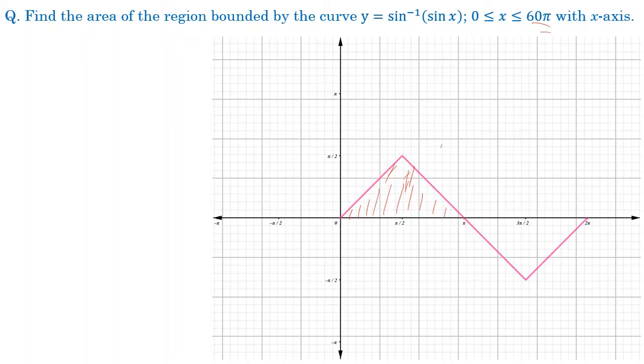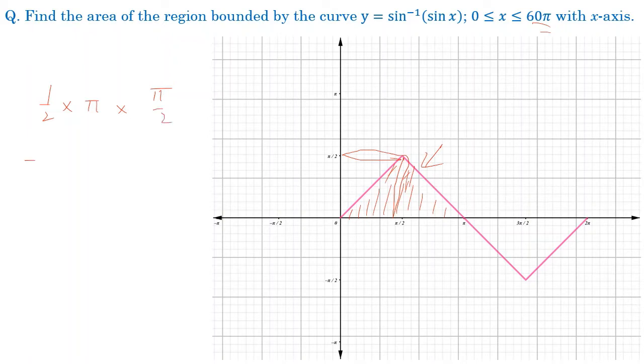First find the area of any one of the triangles. Say I am finding the area of this first triangle, and here the area of this triangle is half of base, which is of length pi, and height is also pi. This is the height, this height is also pi by 2, not pi, it is pi by 2.